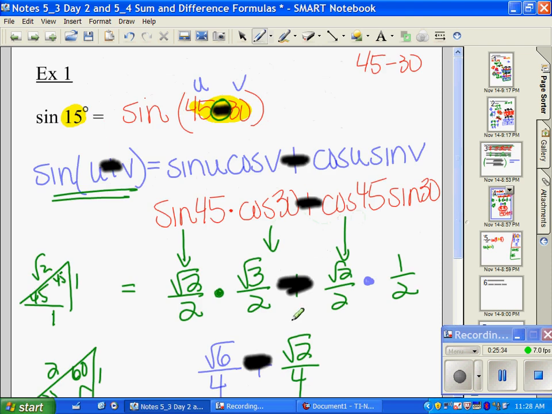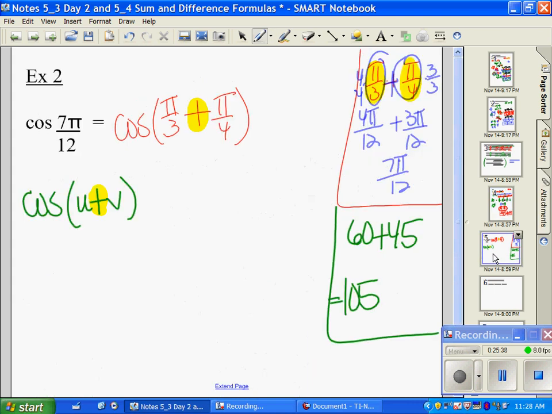I just accidentally had the original formula as plus and our problem was minus. So we're going to do cosine of u, cosine of v. Again, it switches, minus sine of u, sine of v.